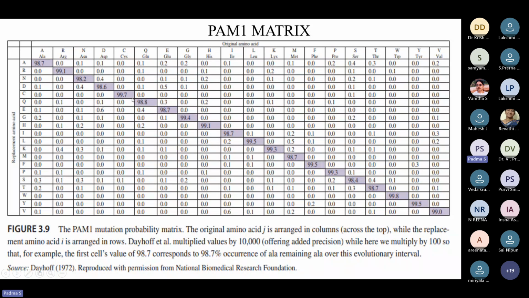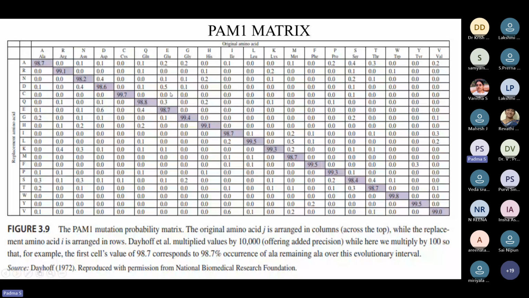So if anything goes beyond that for every amino acid, you can see for glutamine it is 98.8, glutamate is 98.7, glycine is 99.4.